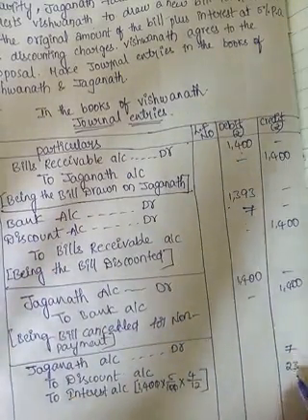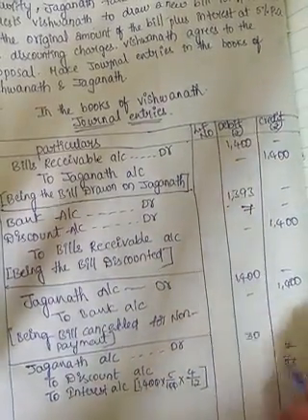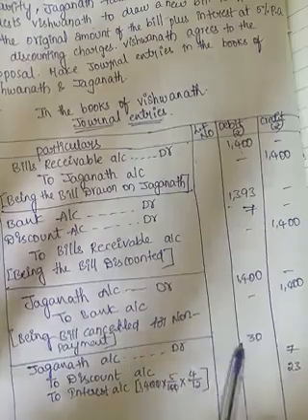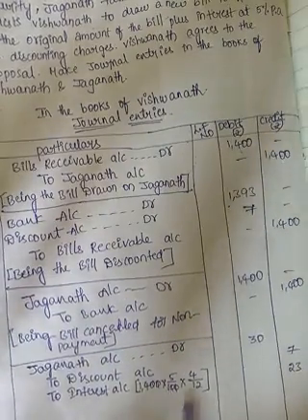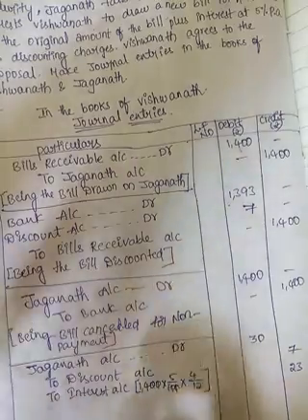So total is how much? 30. Jagannath account debit is 30, to discount account is 7 rupees, and to interest account is 23 rupees.